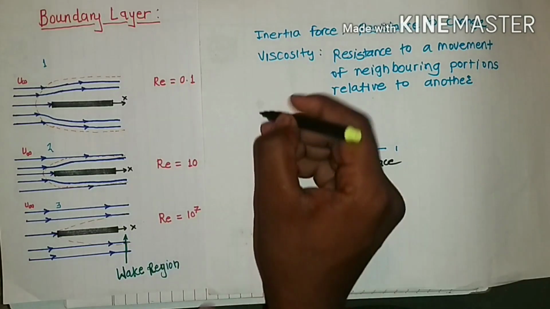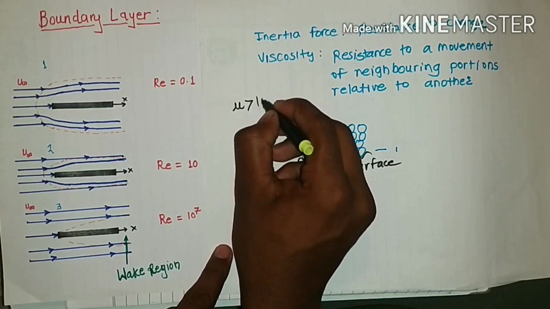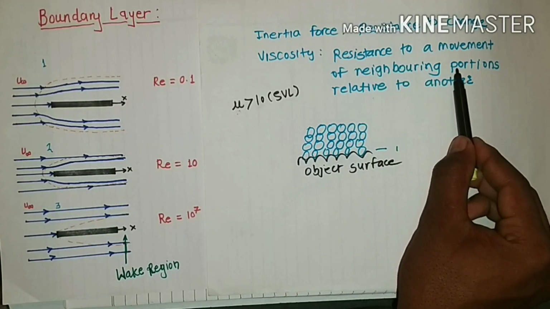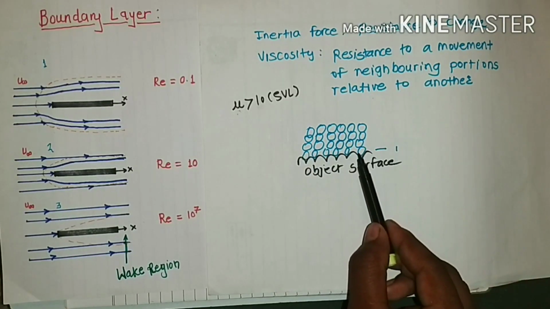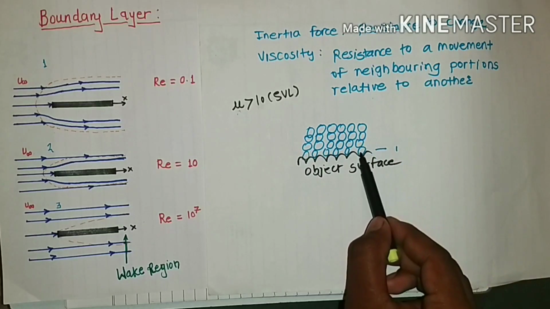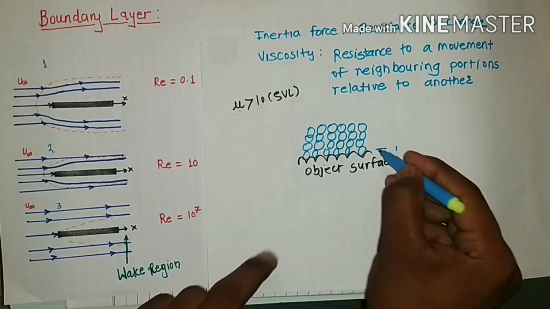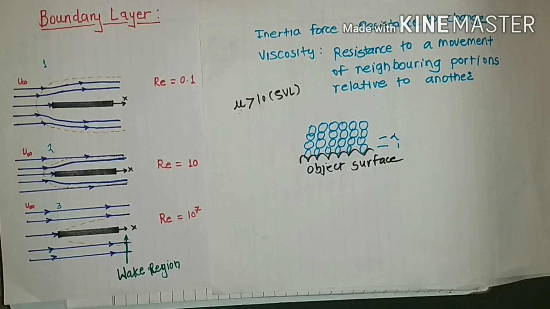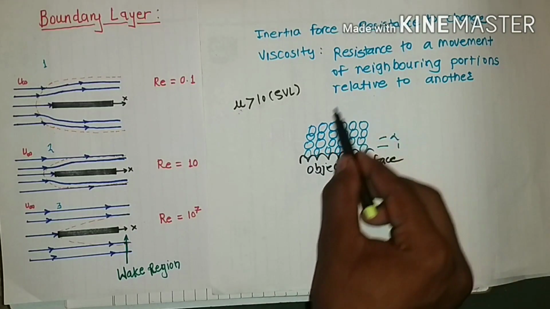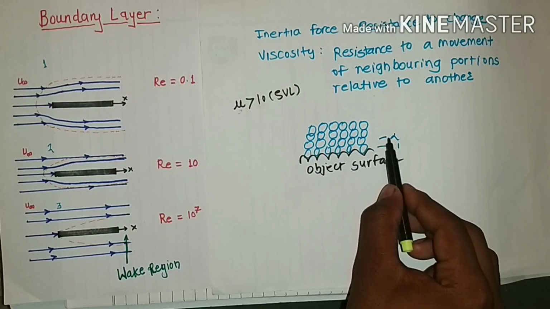It means the viscosity mu is 10 times greater than rho VL. If you go by the definition, you can say resistance to movement of neighboring portions. Here in that figure, neighboring portions are layer 1 and layer 2. As viscosity is more, there is more resistance to the motion between neighboring particles, right?